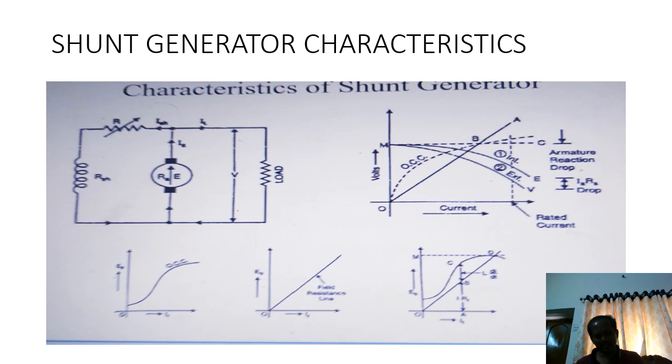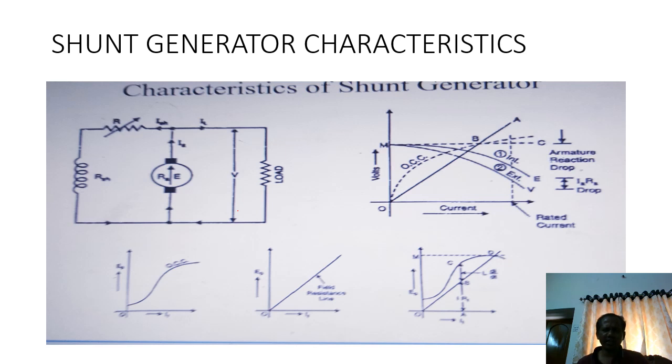The remaining conditions we have to discuss when we apply the load. There are changes in the open circuit characteristics, the internal characteristics, and the external characteristics. The same conditions happen in the case of the shunt generator, but what is the difference between them?